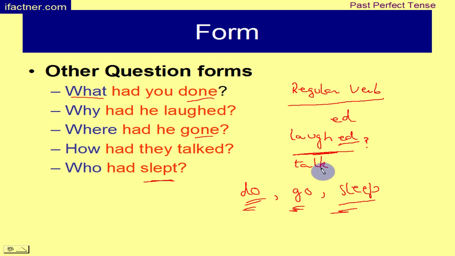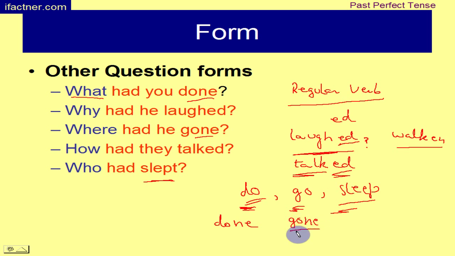And for regular verbs, we just add ed in the end. So talk is talked, laugh is laughed, walk is walked. But there are different rules for irregular verbs, and we have to remember them by heart.